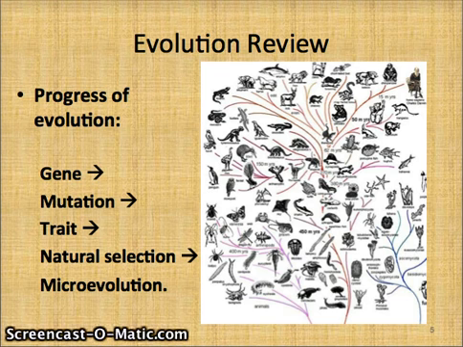In other words, if you have that new variation, then you have to have more successful babies than anybody else. And number three, that variation must be able to be genetically inherited, meaning you have to be able to pass it on to your kids. If you can't pass it on, then it dies with you. If you have all three of those things, then you can have natural selection and you can have evolution.